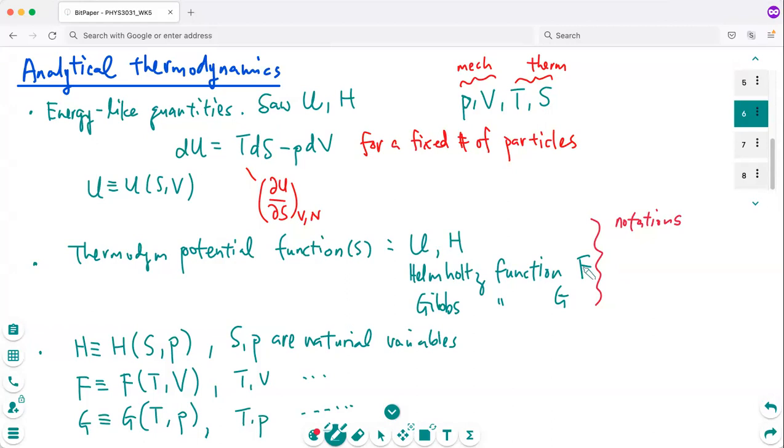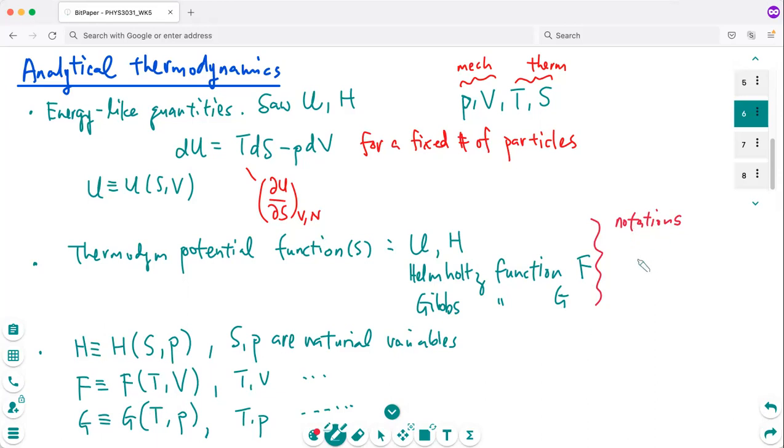But the real problem is this. Gibbs function sometimes is also called F. So you have to be very careful because then you will be very confused. You suddenly see F in many equations, and you don't know why the natural variable is not T and V. Okay, so this is the most dangerous part, actually.